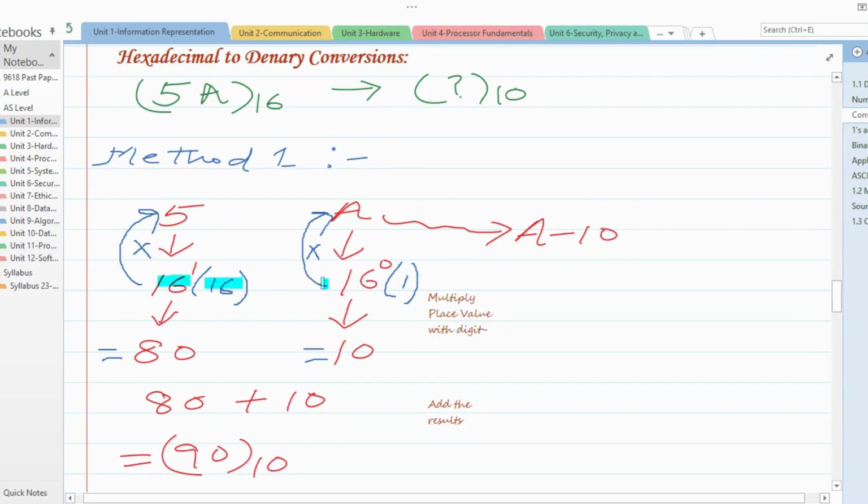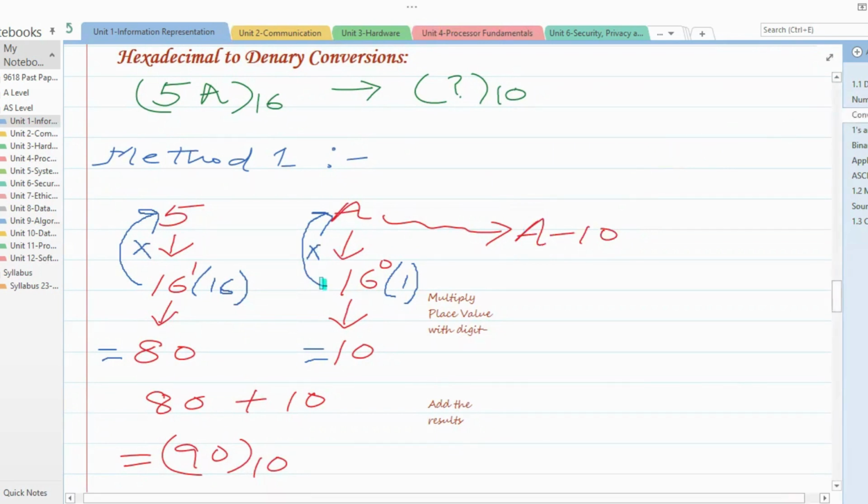Now, whenever we have to do calculations, A will be taken as 10. That we have covered already in the previous video, where I showed various number systems, right?